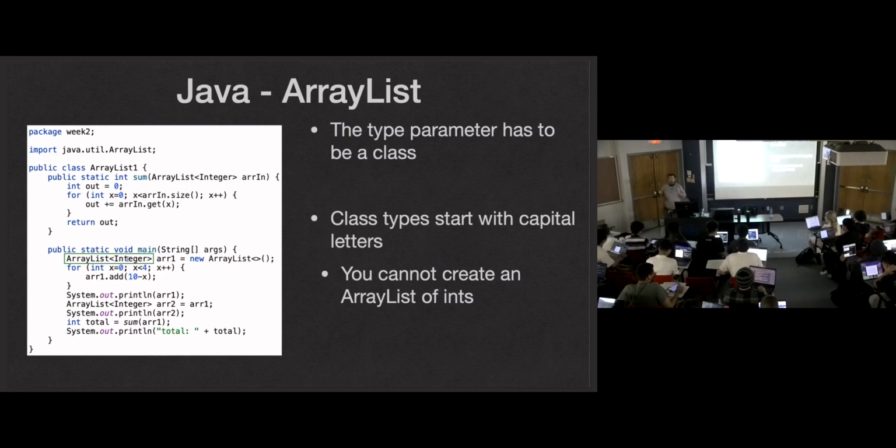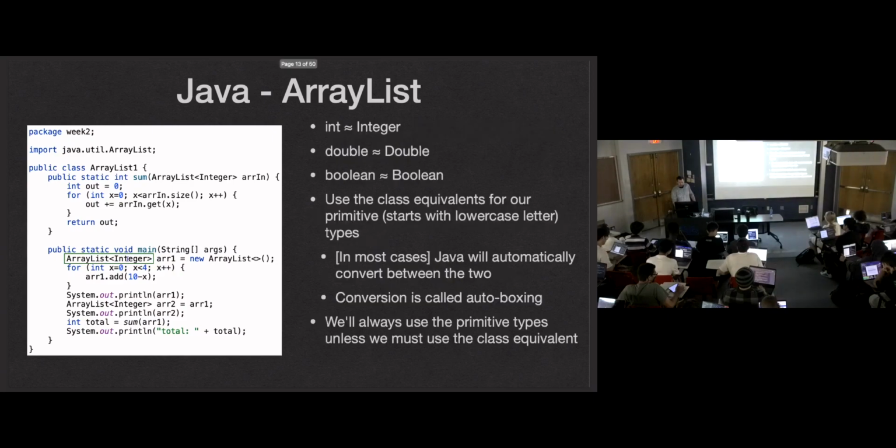We do need an actual class type defined by a whole Java class that defines the type and creates instances of that type, just like we did with array list. We have to do that same thing, well, a similar thing, which I'll explain on this slide. So we need to use our class equivalent types for our primitives.